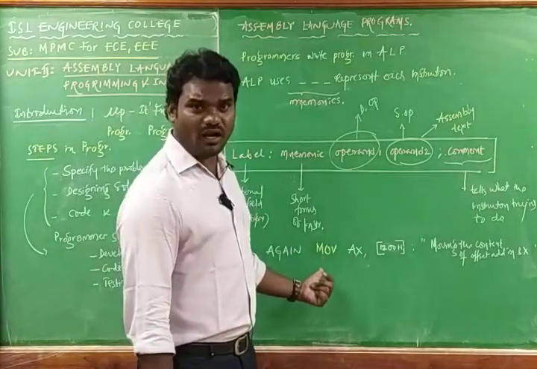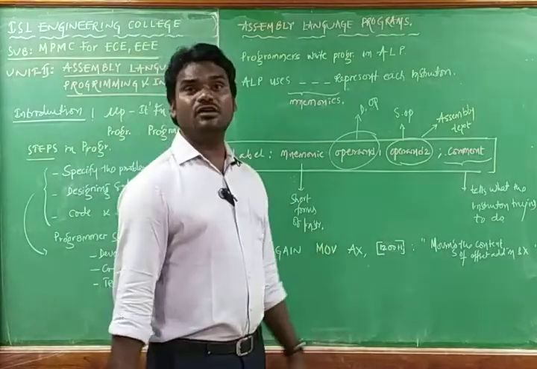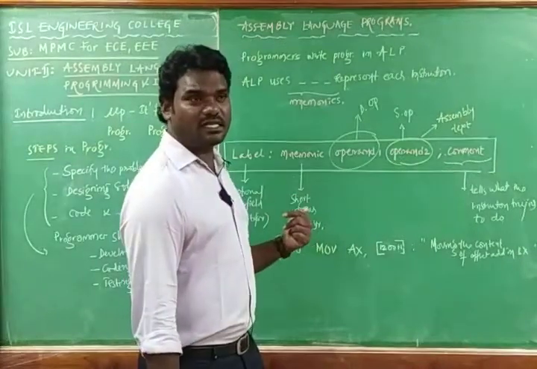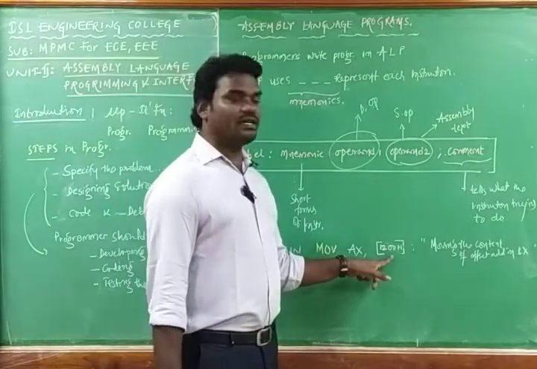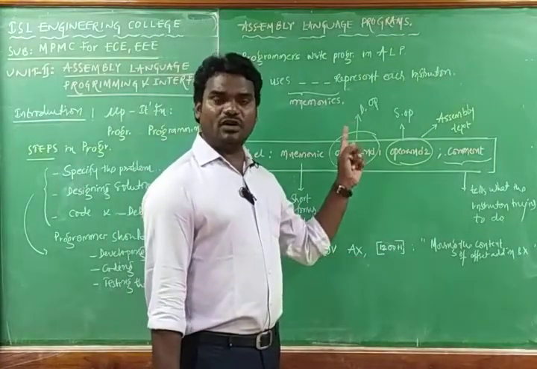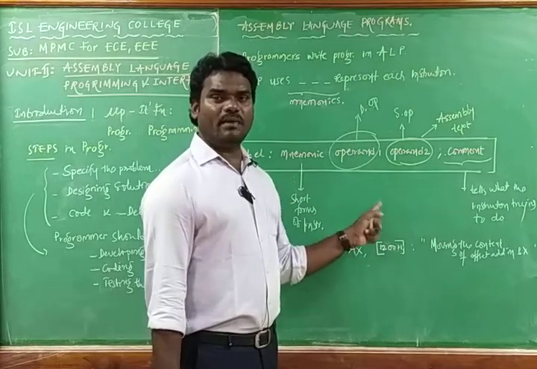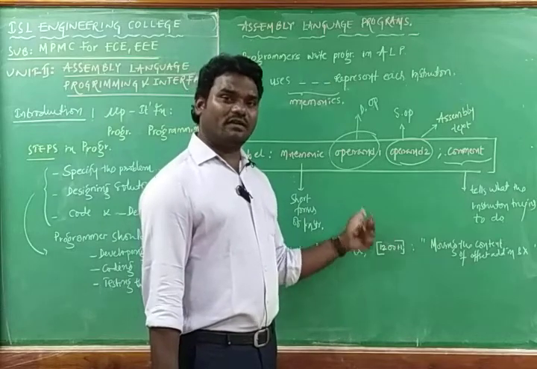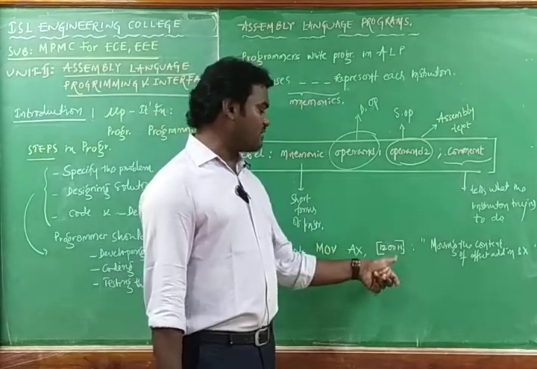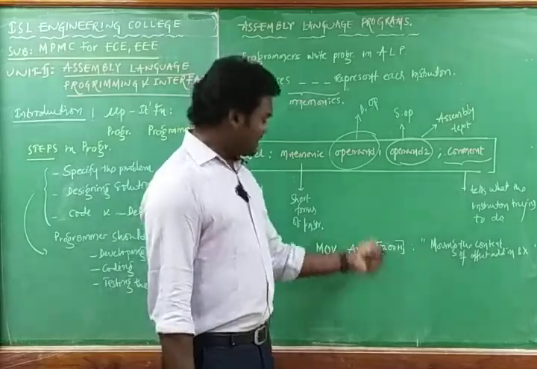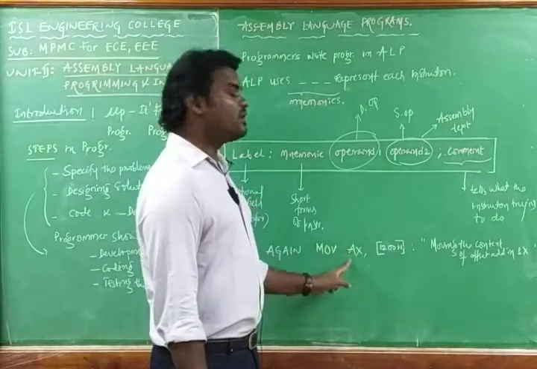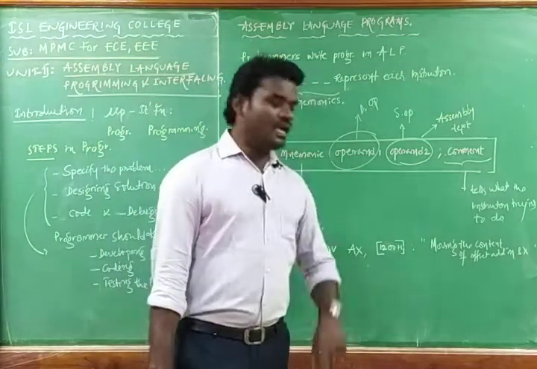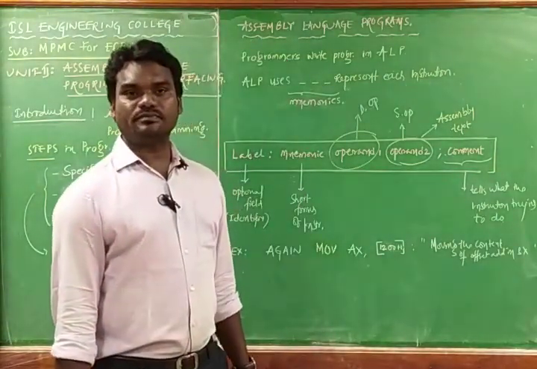Because the instruction here is MOV, you can easily understand that this identifies one location in the 1 megabyte of memory outside the 8086 microprocessor, and that data will be moved into the accumulator register in the 8086 microprocessor.